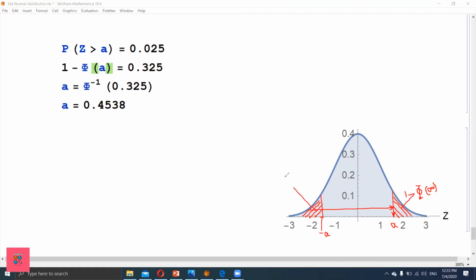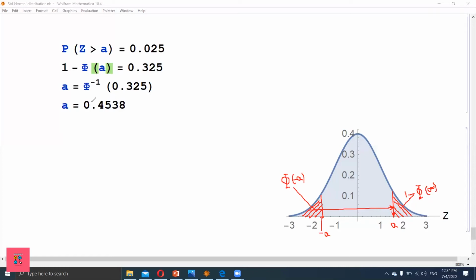But this shaded area is called phi of minus A, because all the table values given in the area table start from minus infinity up to that point. So it must be phi of minus A. This shaded area is up to the point minus A, so it is denoted by phi of minus A. On the right tail, it is equal to 1 minus phi of A. So 1 minus phi of A is equal to phi of minus A.